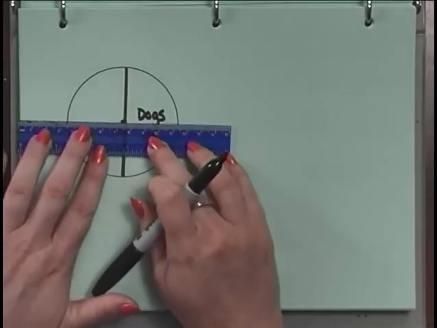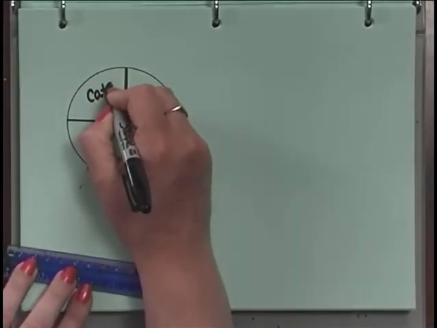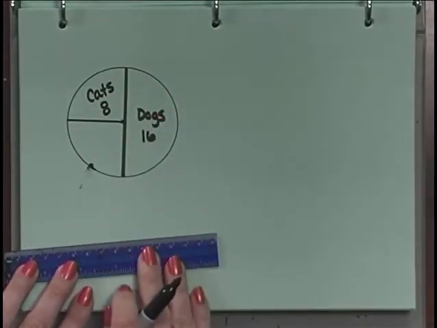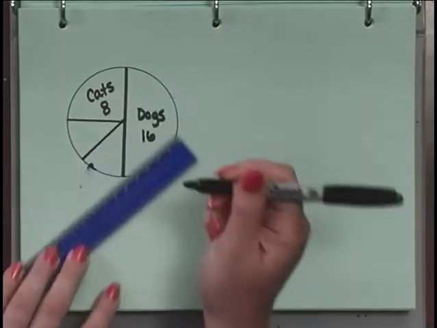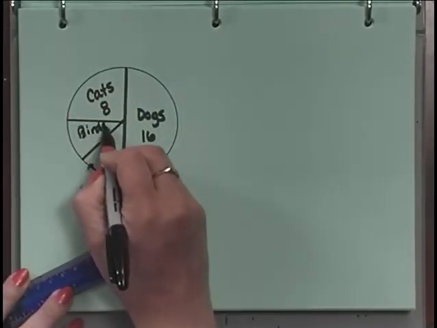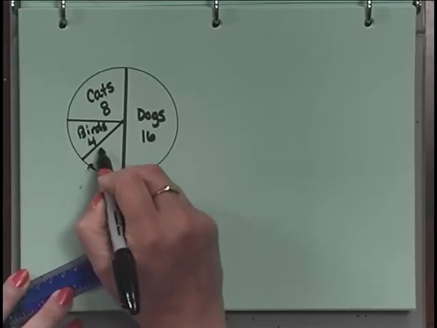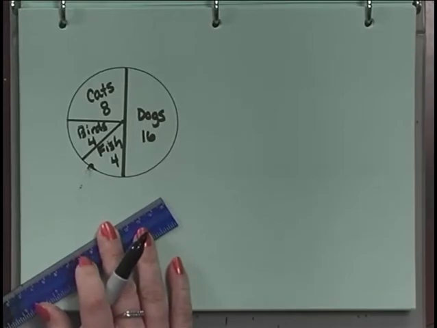Then we have another radius drawn here, and we have cats listed, and there are 8 cats. Then we have another radius, like so, and this is labeled birds, and there are 4 birds in the neighborhood. And then fish, well, 4 people have fish in the neighborhood.